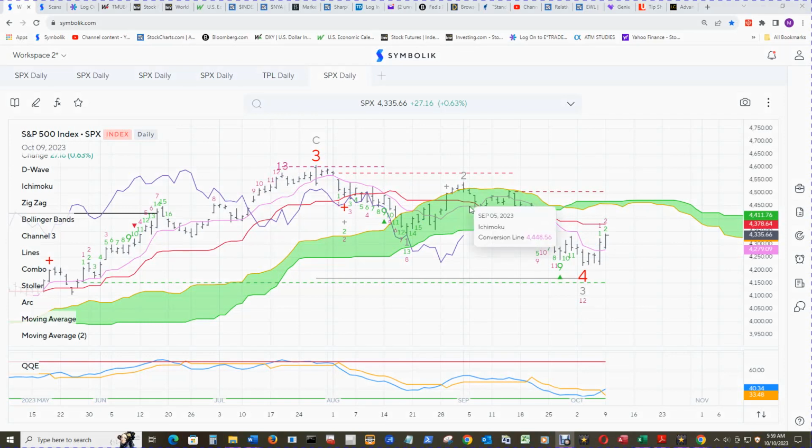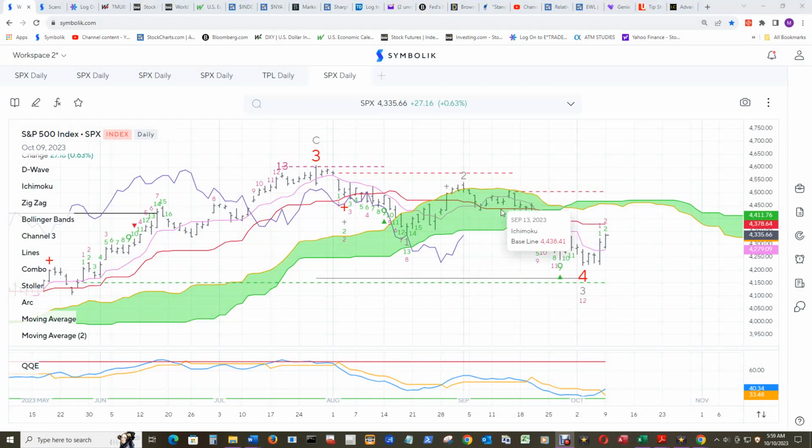The conversion line and baseline 26 bars back are quite close together here for the next couple of days. Then the baseline takes a turn downwards, but for the next couple of days they will equal or come close to the bottom of the cloud over here and the top of the cloud.